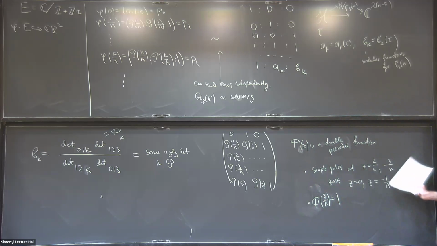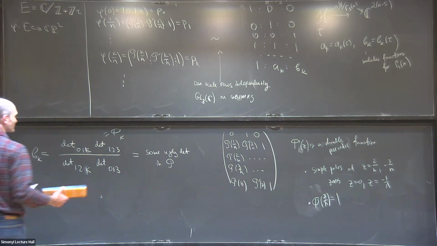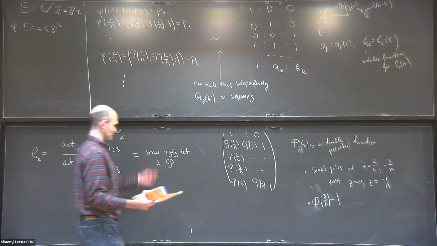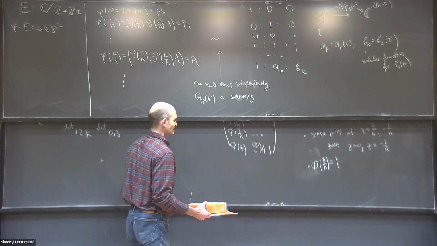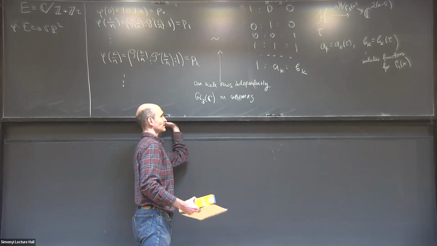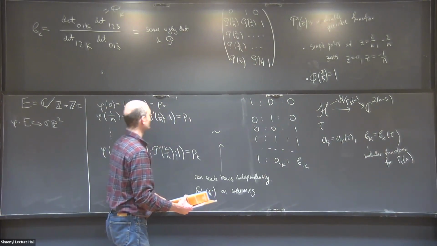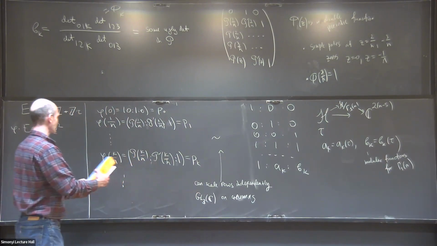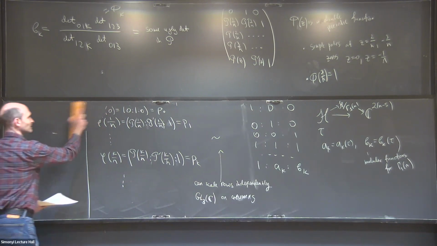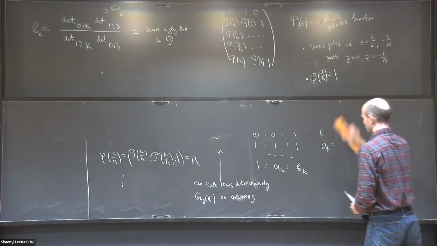When you have these properties, they determine your function uniquely, and then it becomes a fairly simple procedure if you've worked with elliptic functions a little bit. You get the answer in terms of the log derivative of the theta function at rational points.